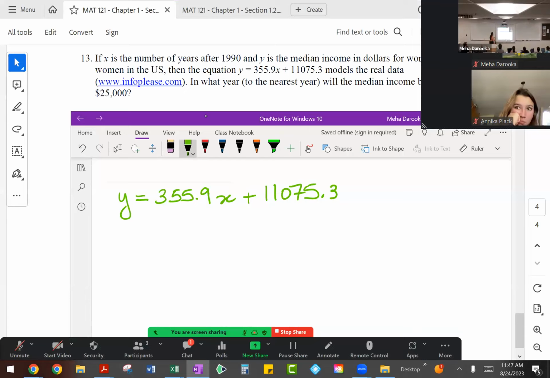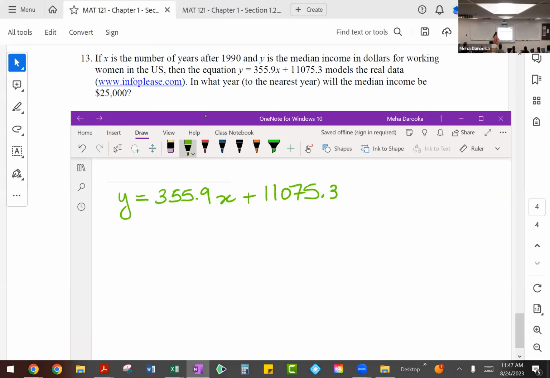So once you plug in that $25,000 for the Y value, how would you proceed on finding the X? And what will your X value come out to be? Go ahead and solve that equation to replace the Y with 25,000.